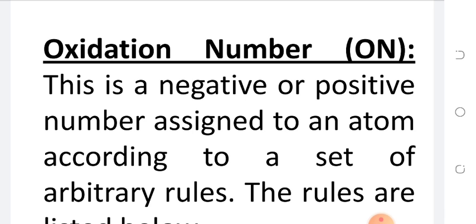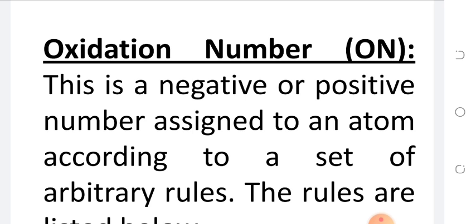When you were being taught, valency does not have a sign, whether positive or negative. But also, there's a relationship between valency and oxidation number. Valency will guide you to know the oxidation number, and it is even the valency that guided in setting these arbitrary rules that we use to assign oxidation number to every atom.